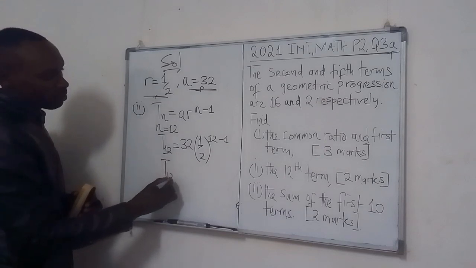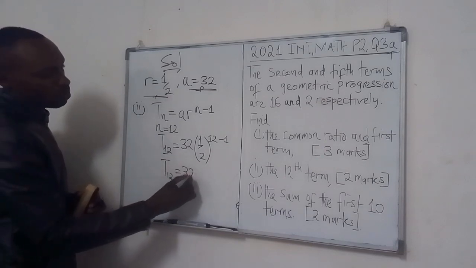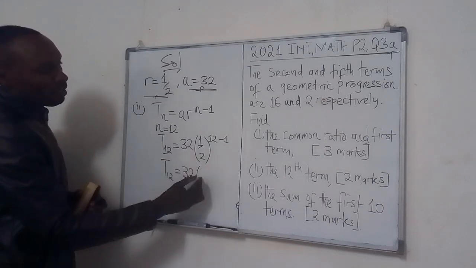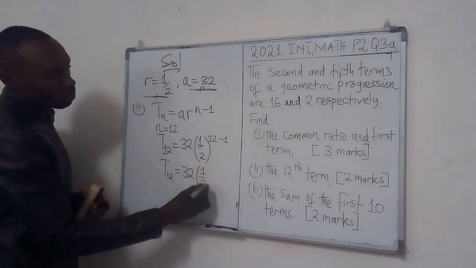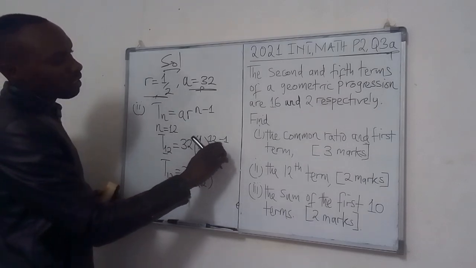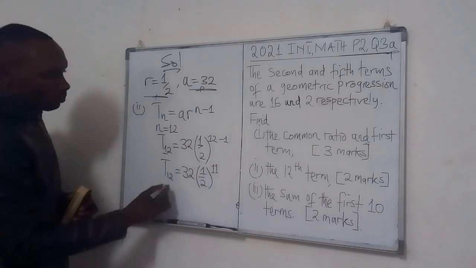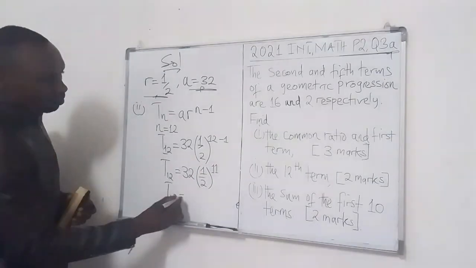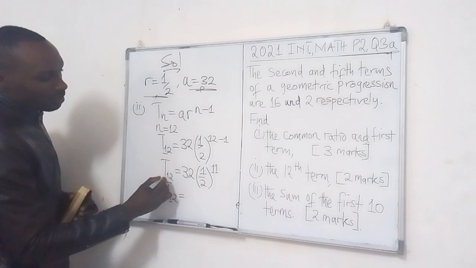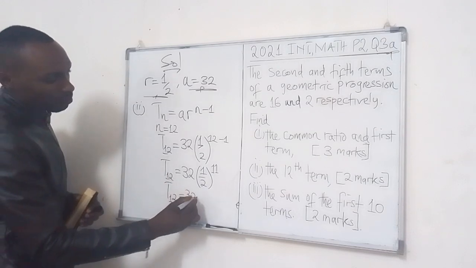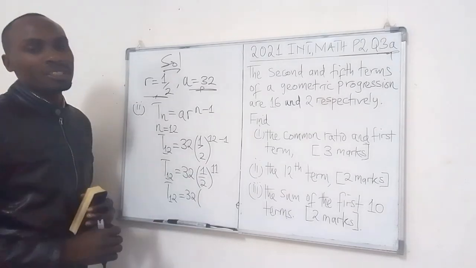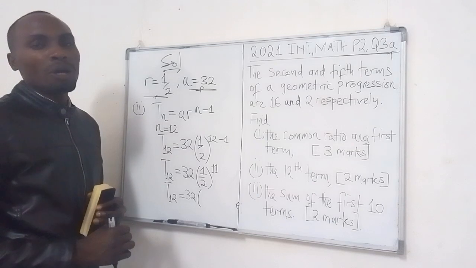So t12 is equal to 32, open bracket, 1 over 2. What is 12 take away 1? This gives 11. Now, what is 1 to the power 11?